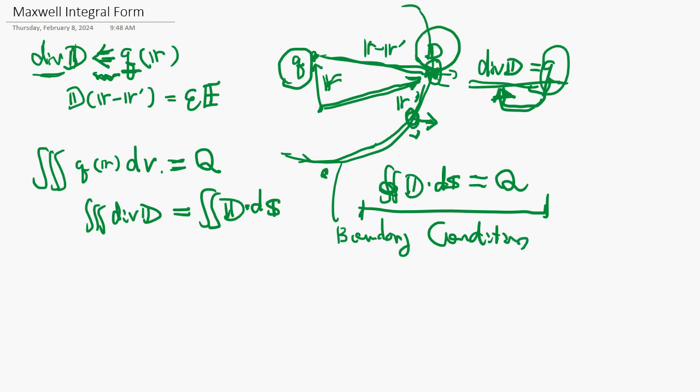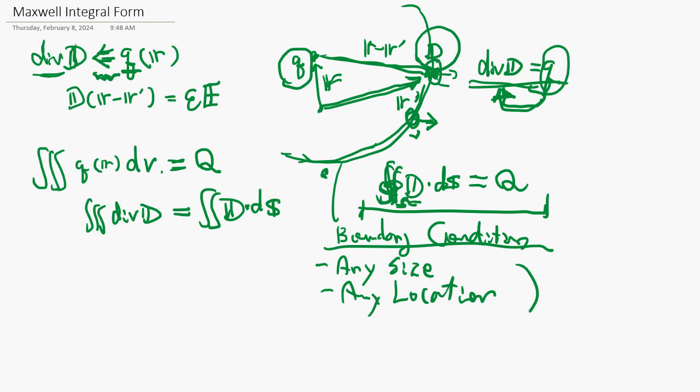Say omega, you take the integral on the shape omega, and this boundary condition is any size, any location.